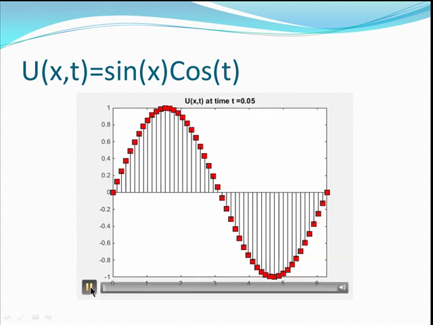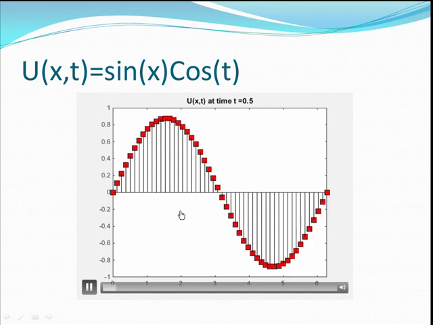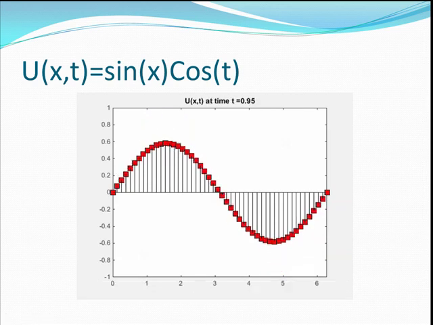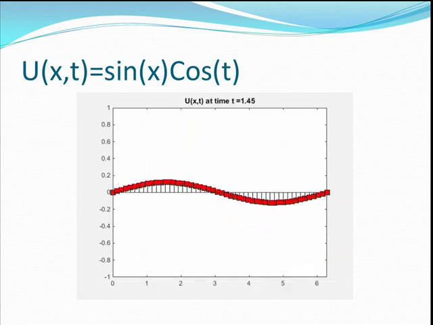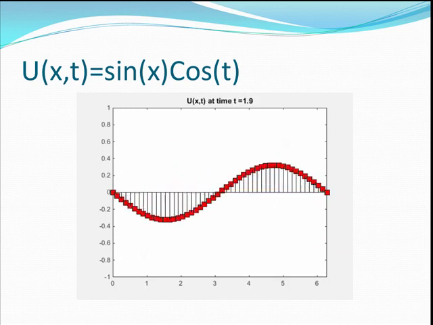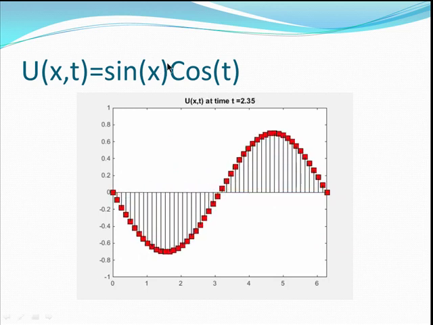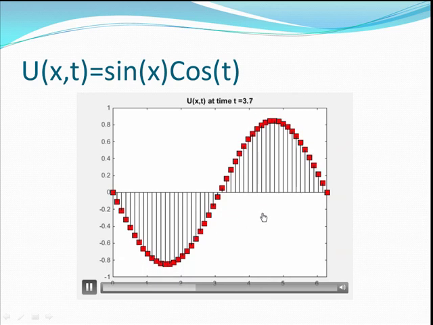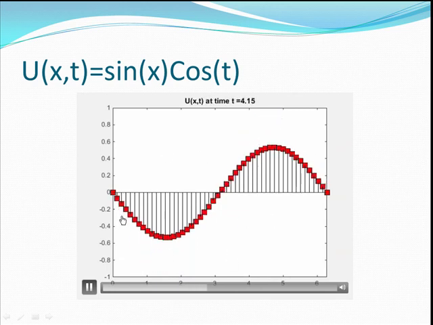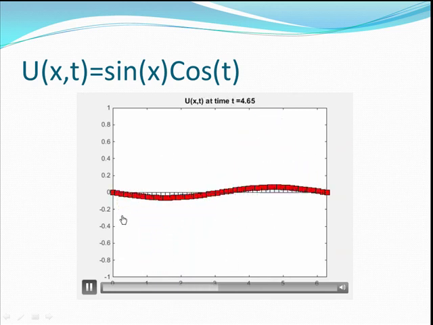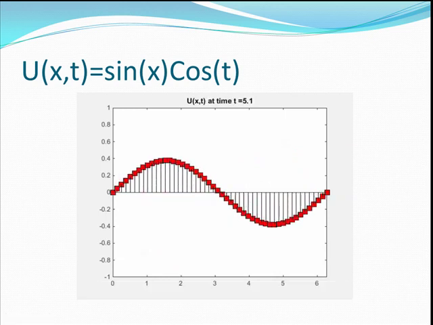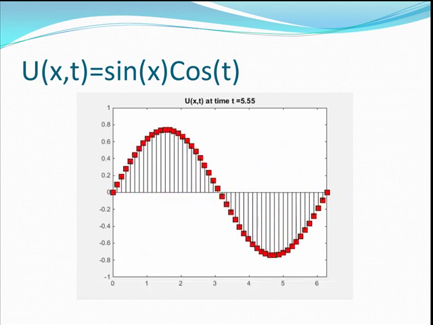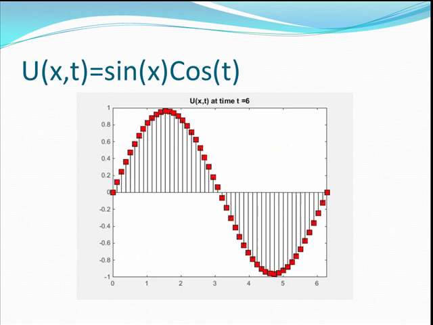If we start changing the time, the curve will start moving. So basically this quantity u of x, t is equal to sine x into cos t. This represents a moving object in this two-dimensional space. You can see that the quantity u, which is the height of the curve from the x-axis, changes with respect to time.